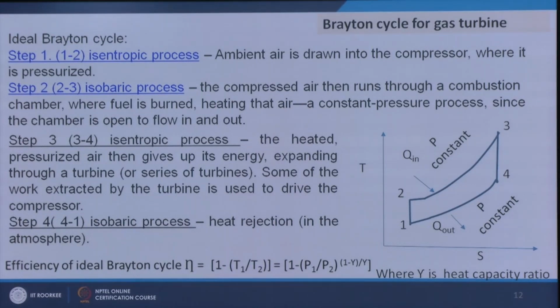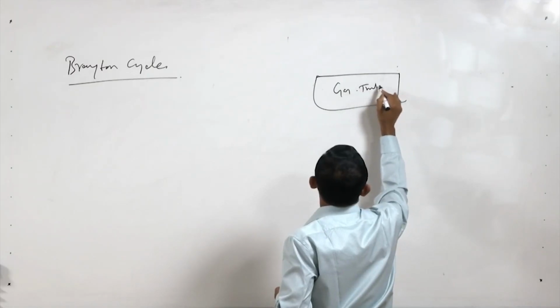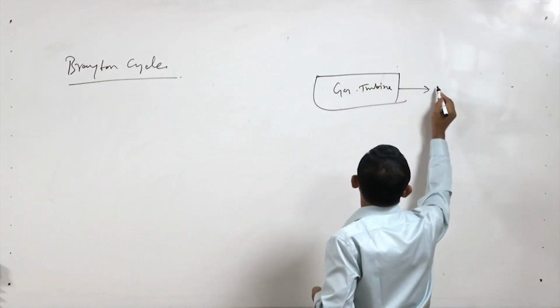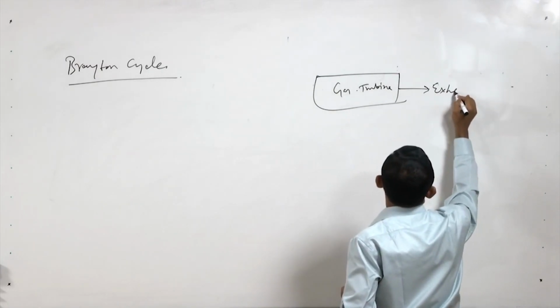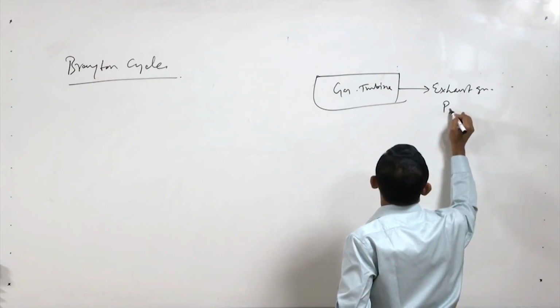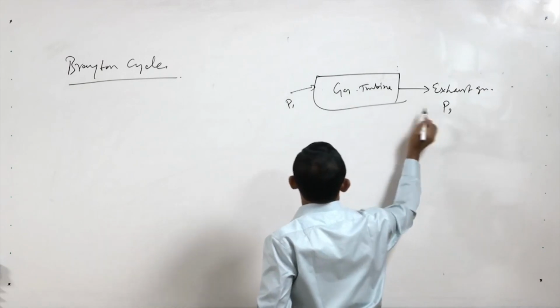So, P1 and P2, that means we have one gas turbine, and it is giving us some exit gas, exhaust gas, at P1.